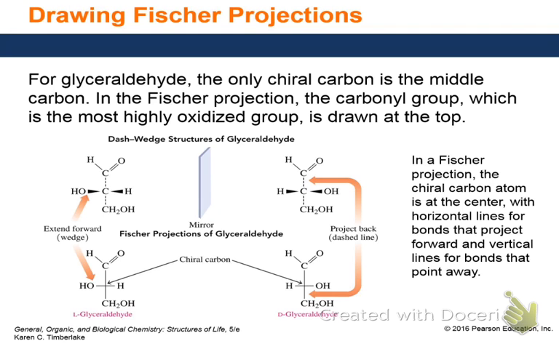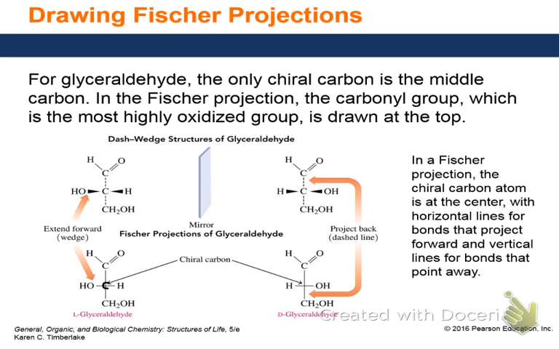So in a Fisher diagram, you take the bonds that are going forward and you place them on the left and right hand sides of the cross of the Fisher diagram. The thing that's not drawn there, which is often very confusing, is this. And you can see that in this Fisher diagram, this carbon is chiral now because it has 4 different groups attached to it.